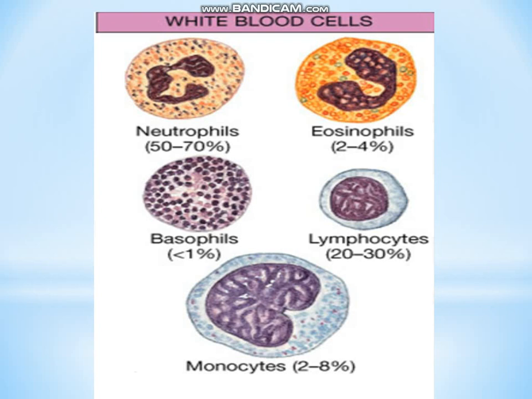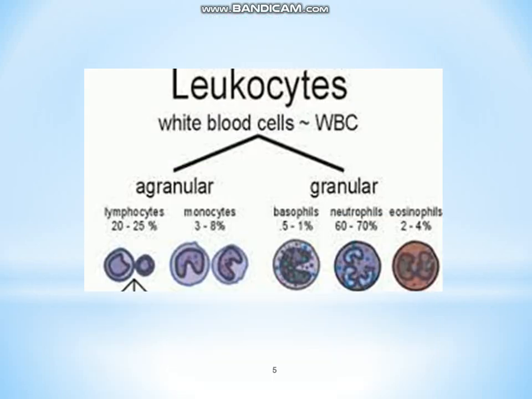Now, if we talk about the differential leukocyte count, first of all, we should know the different leukocytes and their differentiation. The different leukocytes are neutrophils, eosinophils, basophils, lymphocytes, and monocytes. These leukocytes or WBCs may be classified on the basis of the granular appearance, as they are further divided as agranular leukocytes and granular leukocytes.